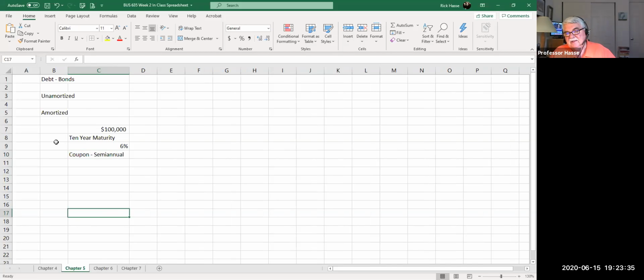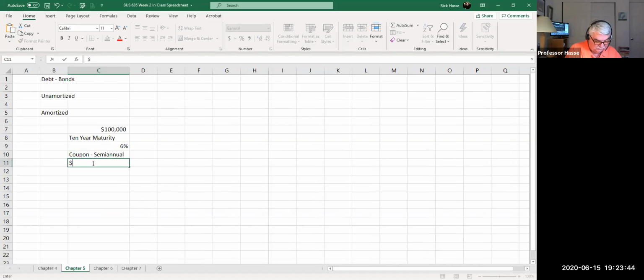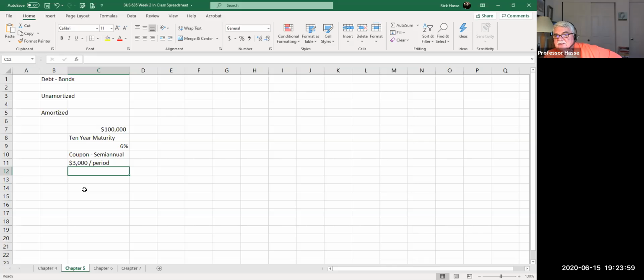So 6%. Let's say somebody buys the whole issue. So 6% is $6,000. So $3,000 per period is the interest on that bond. 6% a year. It's a semi-annual coupon, meaning the company pays it every 6 months to whoever they owe the money to.